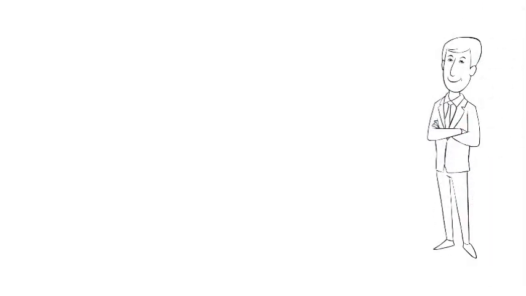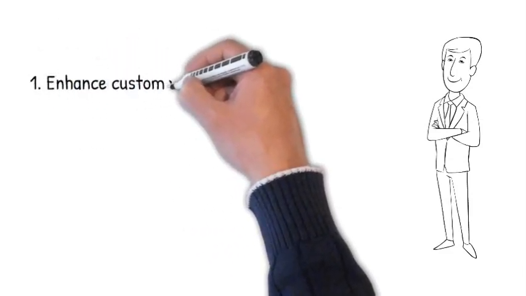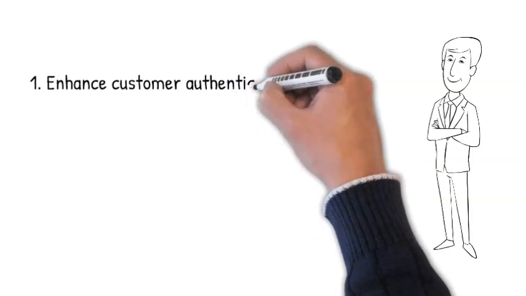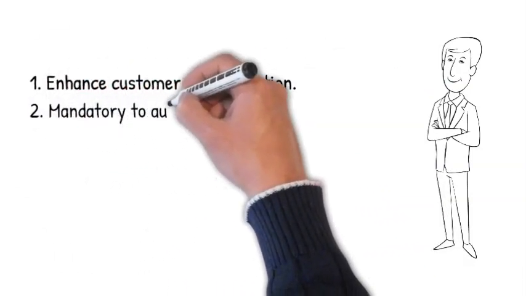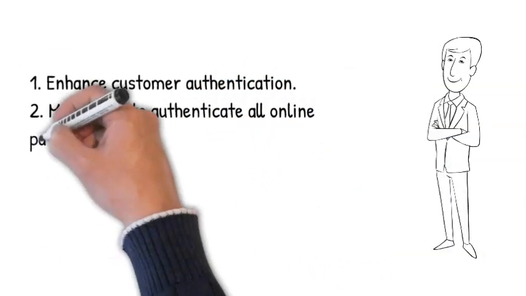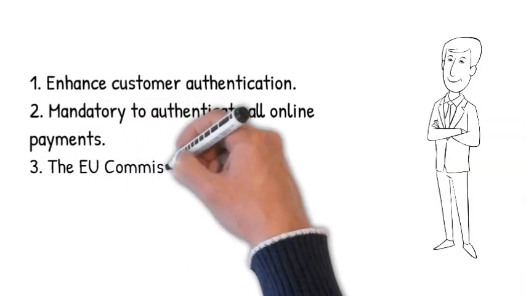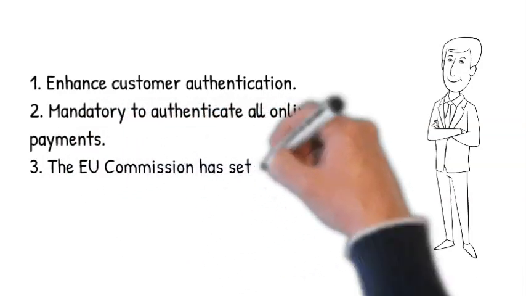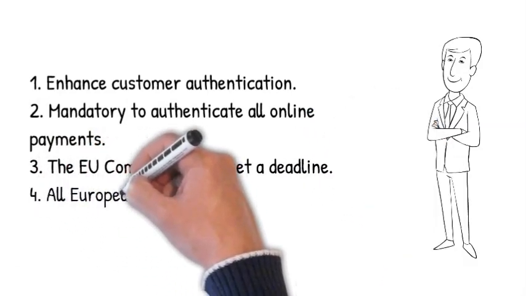The European Union member states, European Commission and European Banking Authority recognize that the cost of fraud is detrimental to their economies, consumer confidence, along with other reasons, and decided to enhance customer authentication by making it more difficult for fraudsters to compromise and infiltrate, and make it mandatory to authenticate all e-commerce payments.